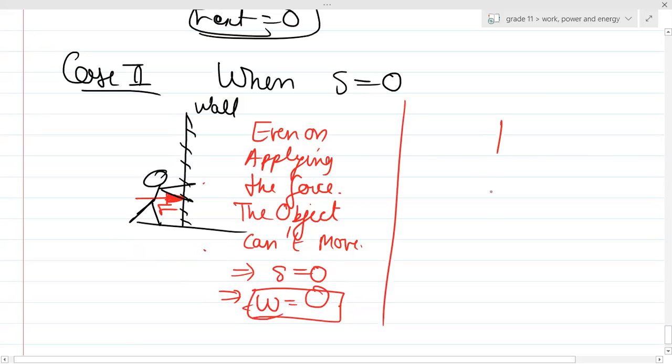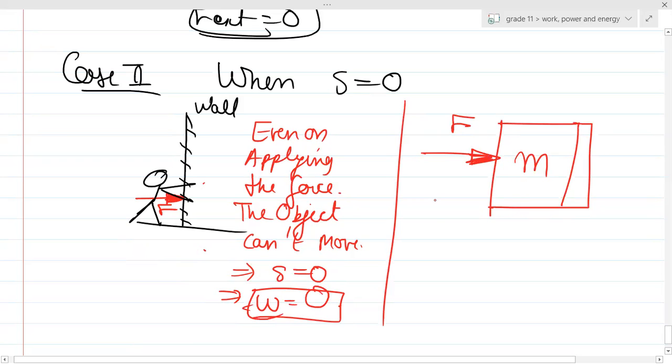Similarly, suppose there is a heavy, huge object that a human cannot move. Suppose we are applying a force F and it is placed on a rough horizontal floor with friction coefficient mu, and its mass is something like 500 kg.